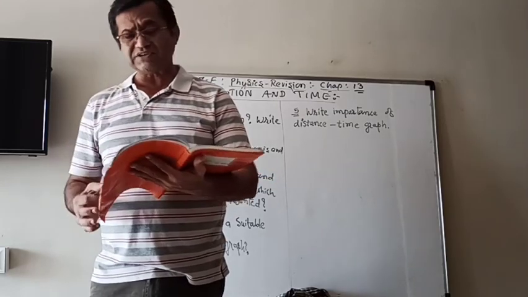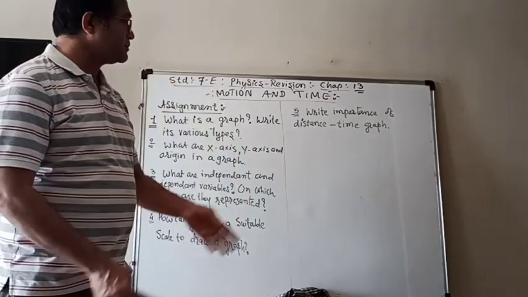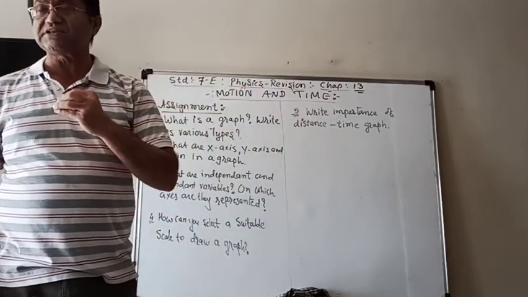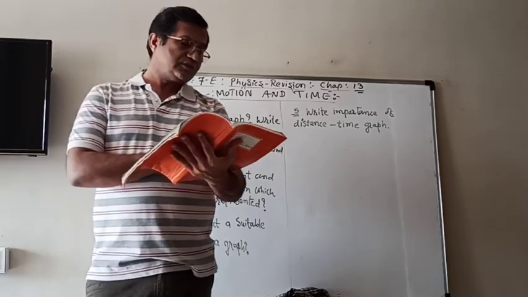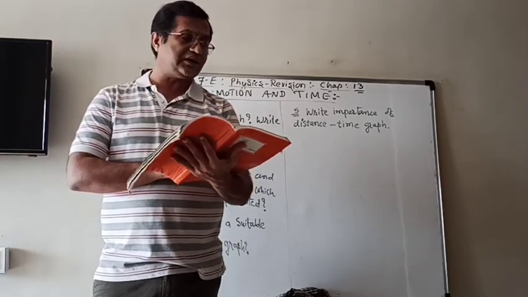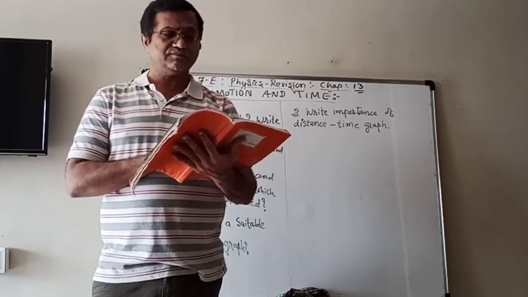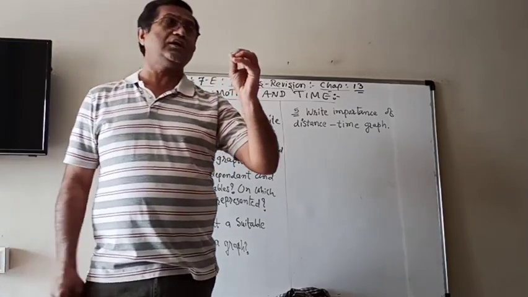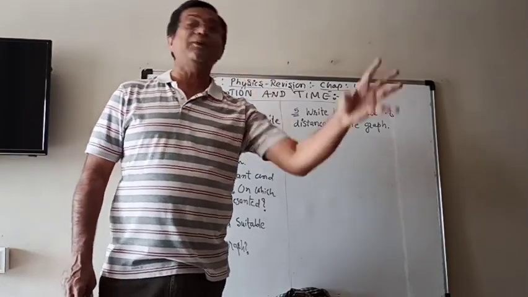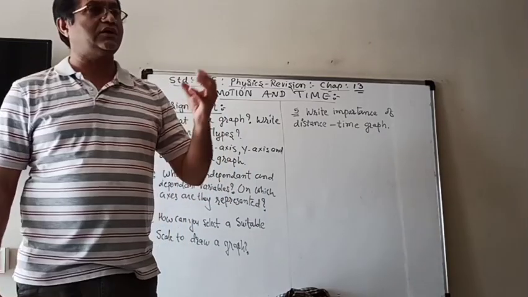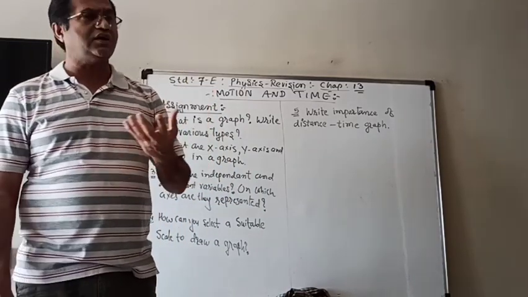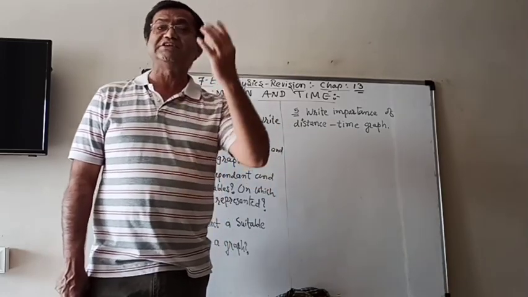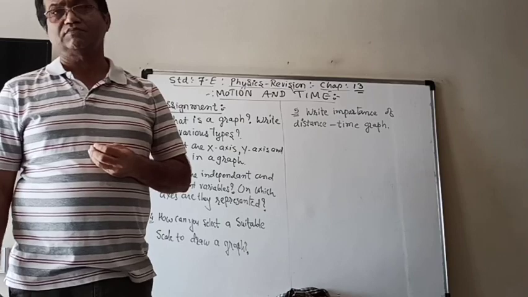Now the last question arises: what is the importance of the distance against time graph? Generally, the distance against time graph will give you various information about the motion, like at a particular time, how much distance was covered.